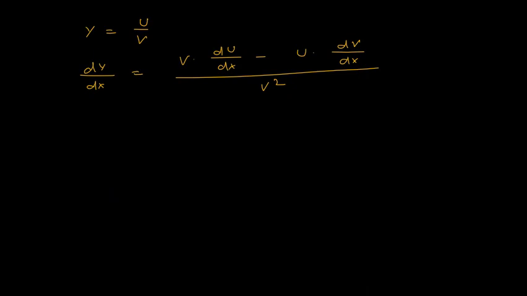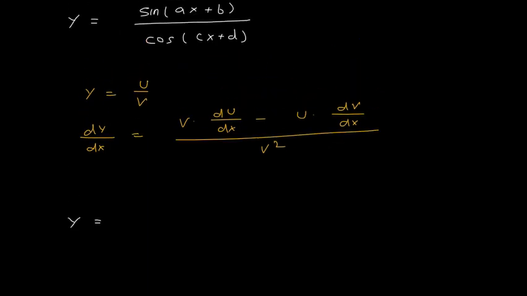So we use this method, and I will say that y is equals to, here the v part is cos cx plus d. So here first I will write cos of cx plus d into dy dx of sin ax plus b.